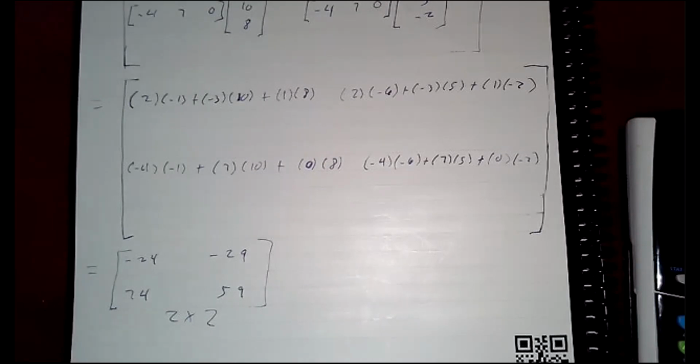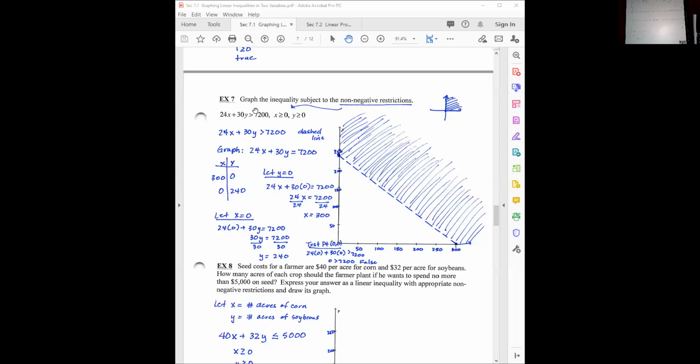Example 7. So on this question, they gave us multiple equations and they want us to graph it. So we can put all of these, this one and these two, into the grapher, and it'll create this region. Later on in the next section, we're going to create this shaded area and find out what is the optimal point in this area if this function represents like profit or something.